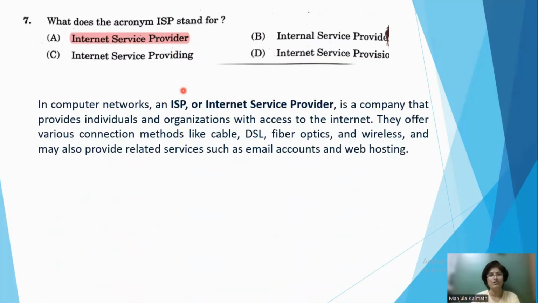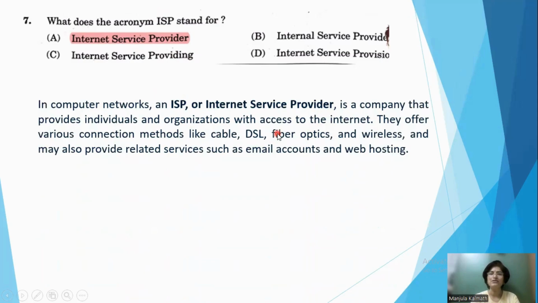So in computer networks, an ISP, Internet Service Provider, is a company that provides individuals and organizations with access to the internet. They will be giving the internet connection for individuals as well as organizations. They offer various connection methods like cable, DSL, fiber optics, and wireless.